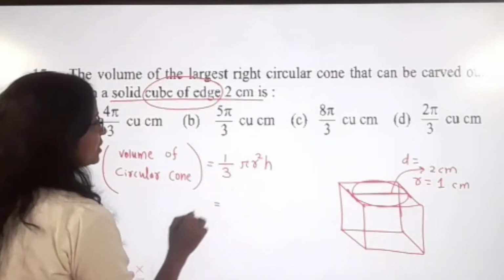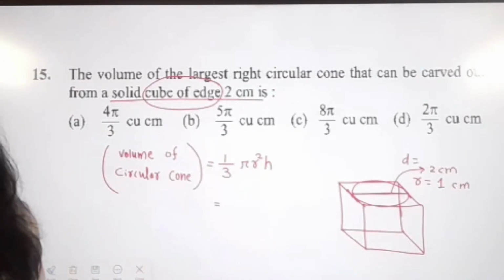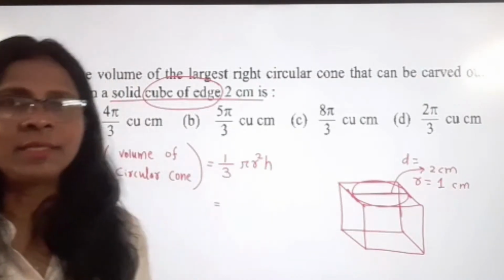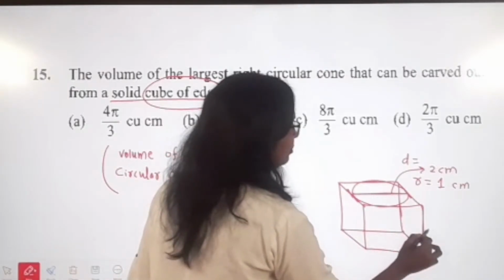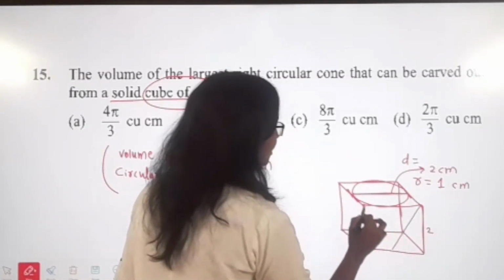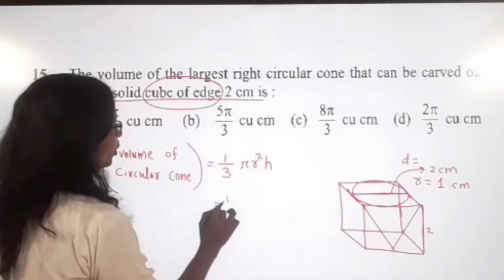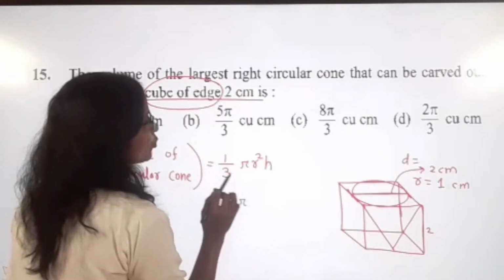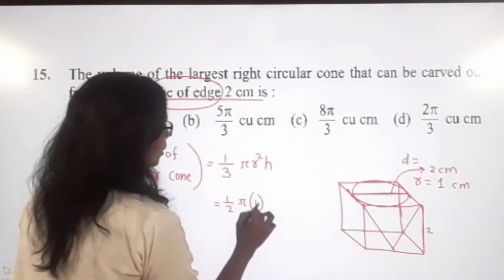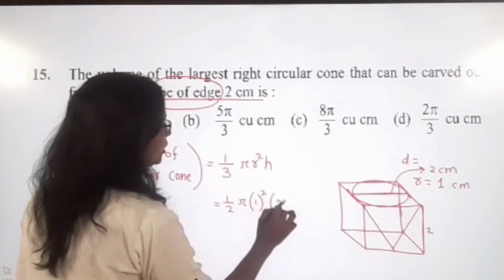And now here students, what about the height? So here the height will be the same, that is 2, because it is a cube. Height doesn't change. So 1 upon 3 pi, and then r square, that is 1 square of 1, and h, that is 2.